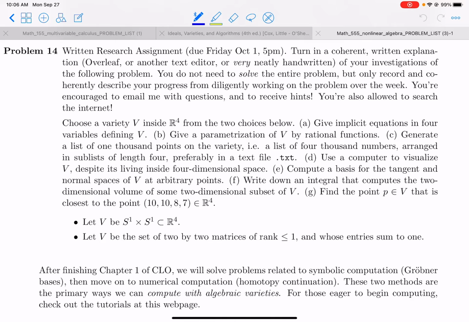Are we allowed to talk to each other? Yes, you are. One of the best ways to do math is collaboration. The internet is a resource. Your next door neighbor is a resource. The people you meet on the street are resources.